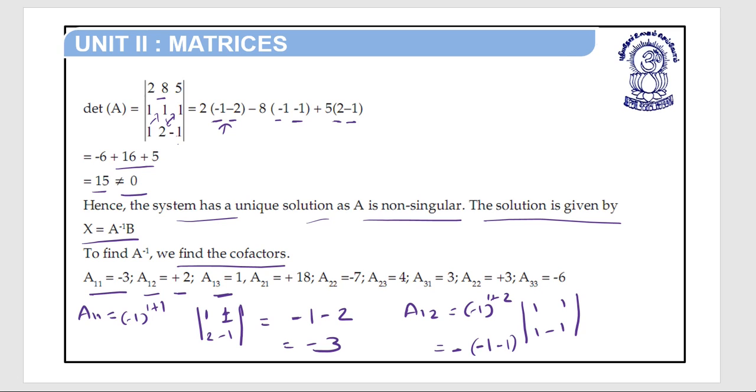So minus 1 minus 2 is minus 3, with the sign, plus 2. Same way for A13, A21, A22, A23, A31, A32 and A33.